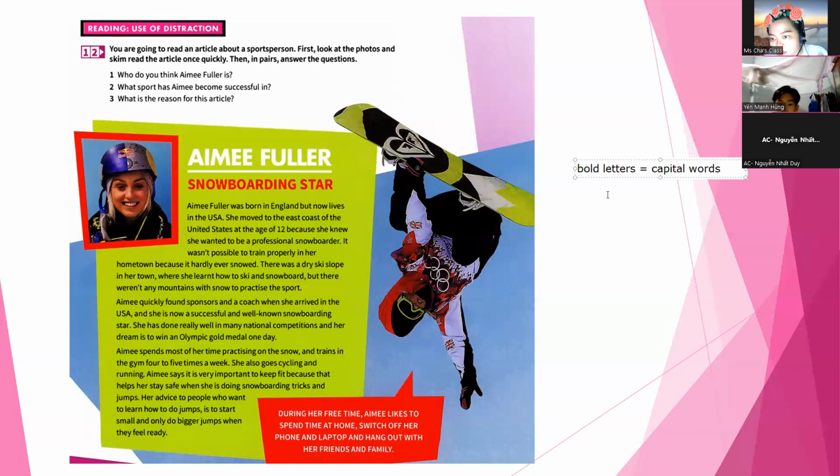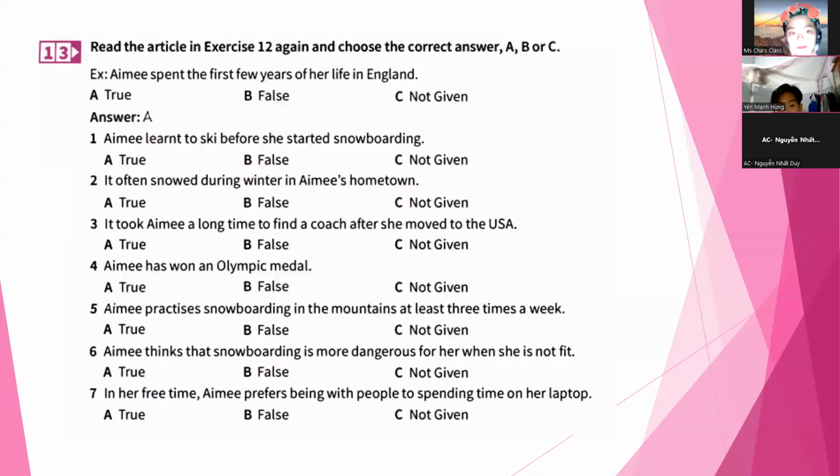Now, the next thing that you're going to do is this. You are going to read the article again, but this time you're going to do the scanning technique. So how can we do that?